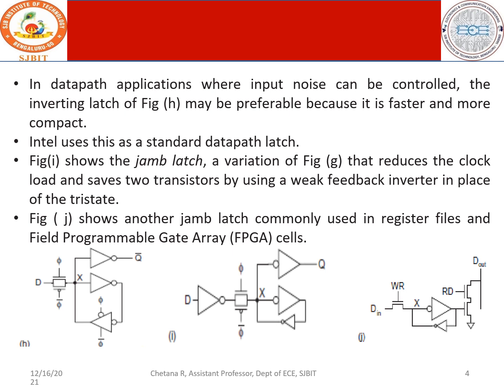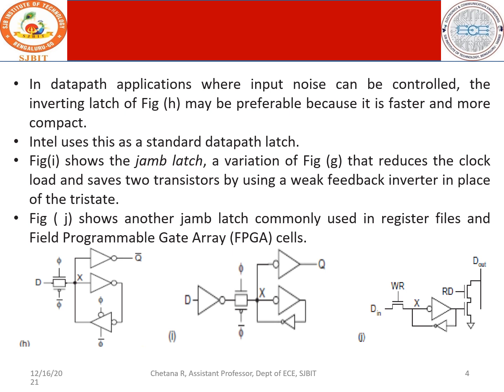Notice here the two inverters are of different size, and in the feedback you have a weak feedback inverter of a smaller size. This has a better application specific to its own use. This is called a jam latch, which reduces the clock load and saves two transistors by using weak feedback.